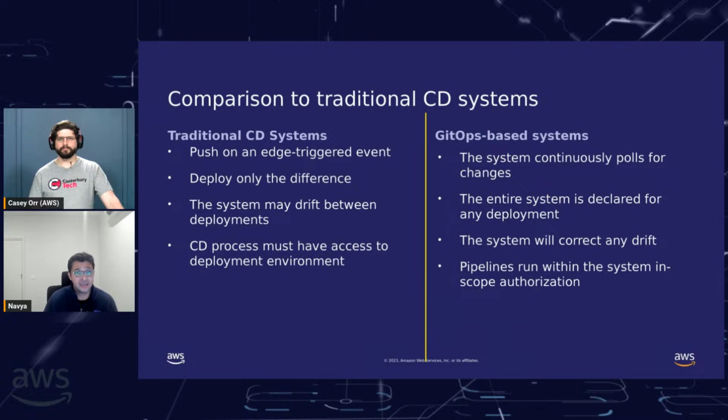So GitOps works better in that way rather than just finding the diff for the next one, because that might not be able to check for any changes that have been made manually or through errors as well. And we'll see that in the demo very shortly.